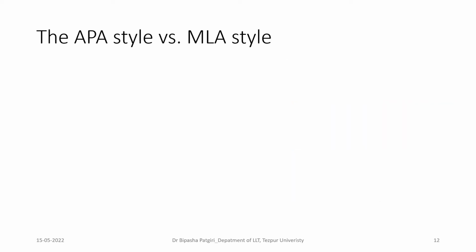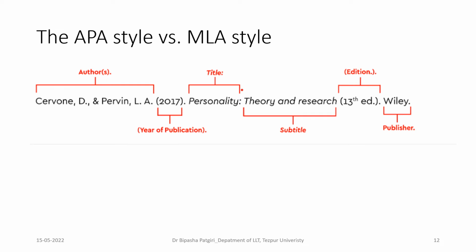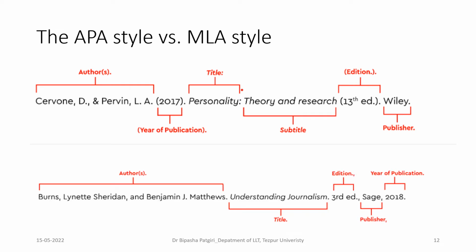The APA style versus MLA style. You can just have a look and compare both of them. The first one is APA style and the one below is MLA style. You can see the clear difference. In the case of APA style, the first name is not written in full.